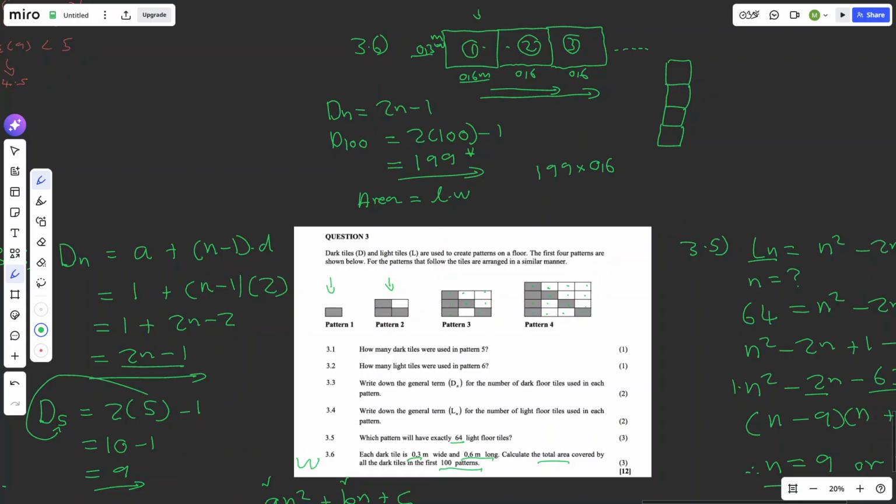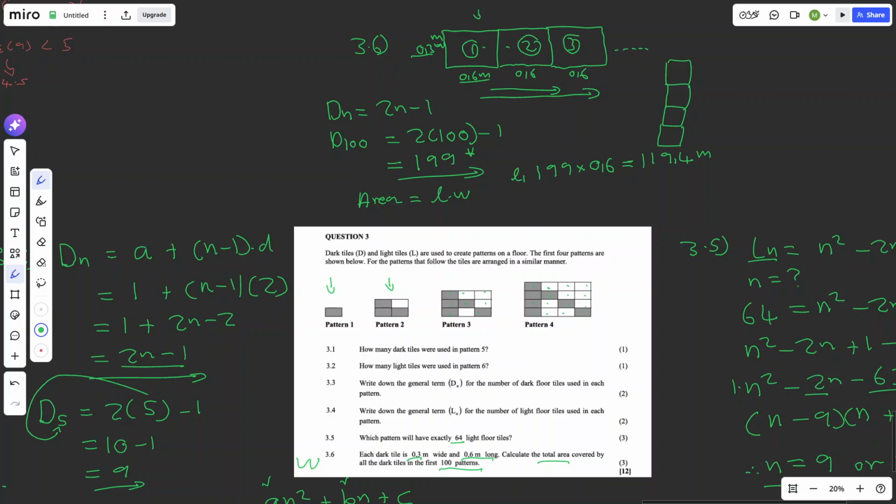So let us quickly calculate this. 199 multiplied by 0.6 is equal to about 119.4. 119.4 meters. Okay, so that is the total length.